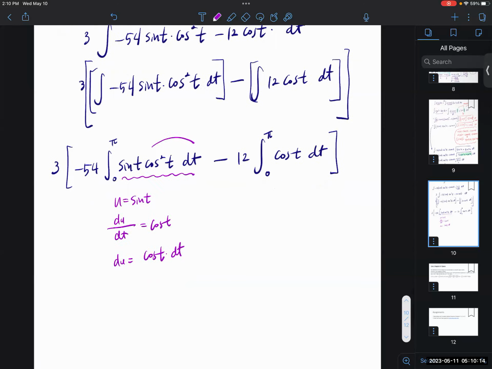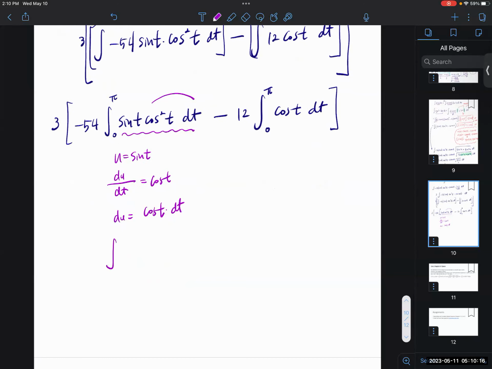Something we can combine. So now sine 0 is 0. Sine pi is also 0. Oh, that's interesting. Sine pi is 0. Am I correct? Because in the sine function, sine 0 is 0, sine pi is also 0.